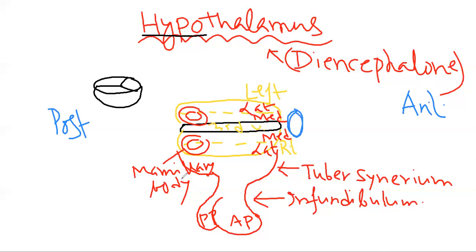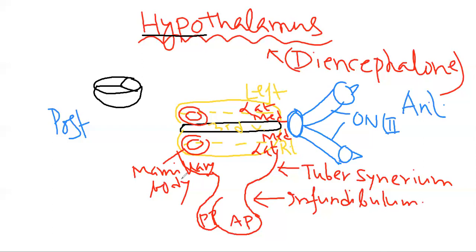This optic chiasma is formed from the bilateral optic nerves, which come out from the eyeball. So this is our eyeball, from where the optic nerve is generated. This is the optic nerve, also the optic nerve or second cranial nerve pathway, and this is the optic chiasma.